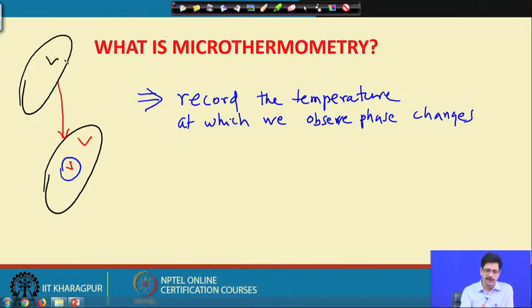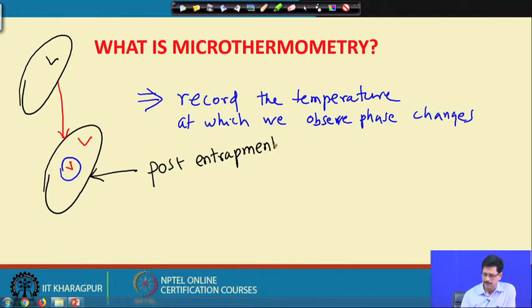So, this homogeneous liquid, after it was trapped, underwent change in pressure and temperature, and something happened which we say is a post entrapment phase change, and in this particular case a homogeneous liquid got split up into a combination of liquid plus vapor.